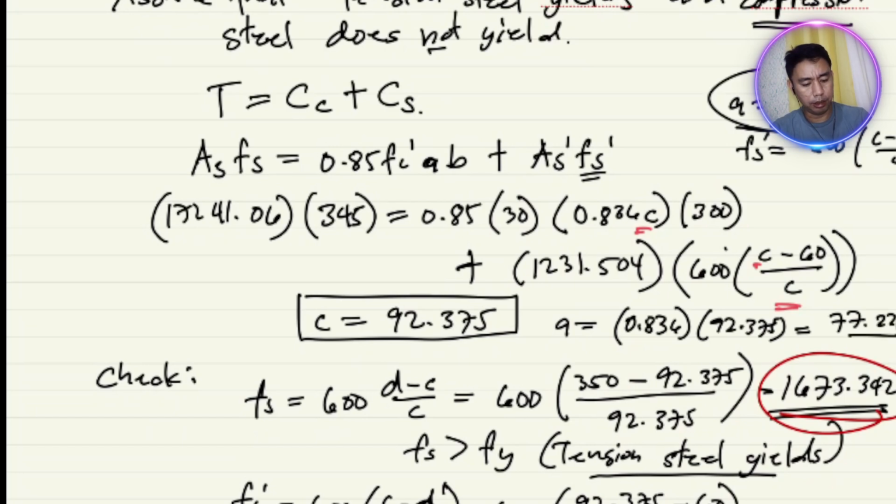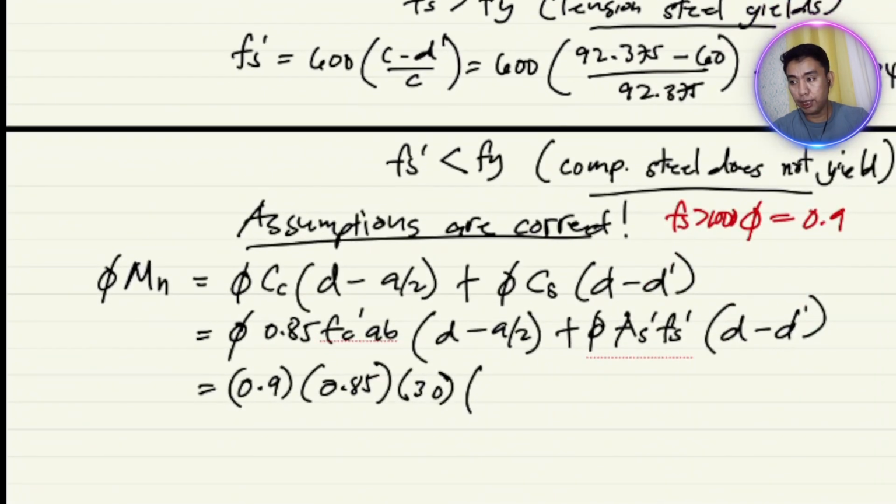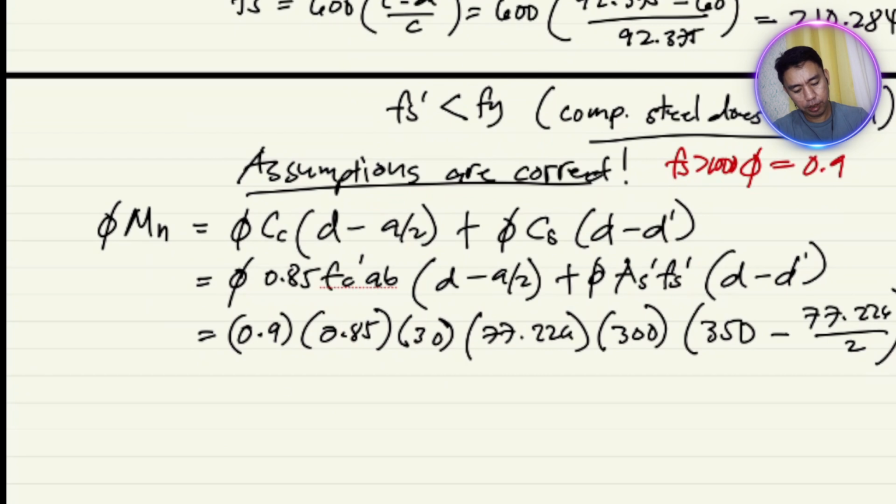Okay, ang gulo na masyado. But this is 30, go back here, 30 times 77.226 times B of 300 times 350 minus 77.226 over 2.